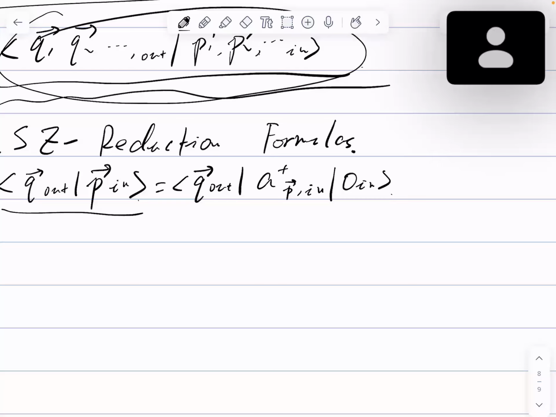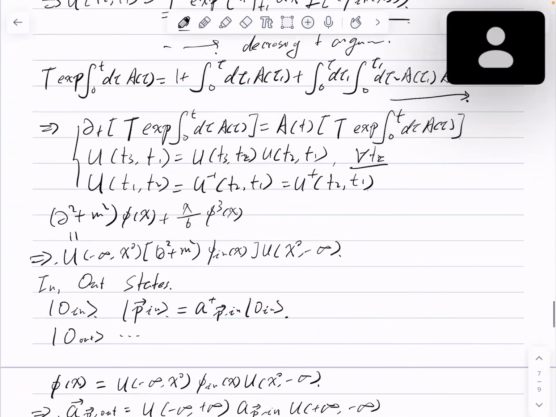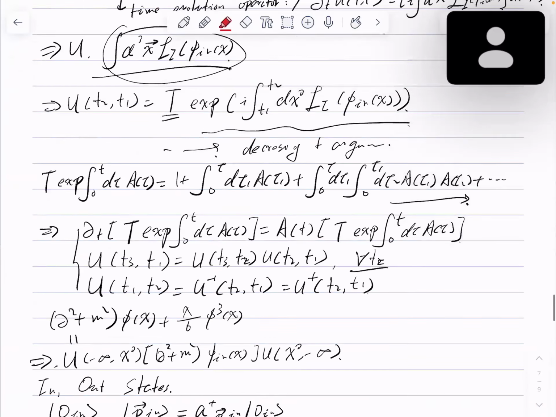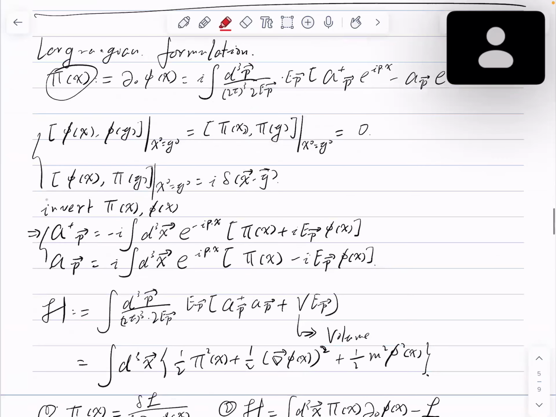And then using the expression for annihilation and creation operators we have obtained before. Let me check where it is. Yes, here, these two.